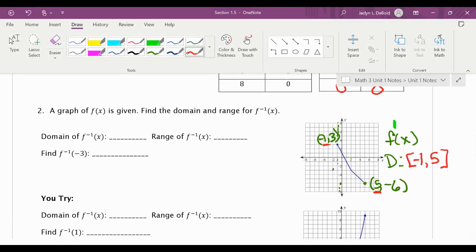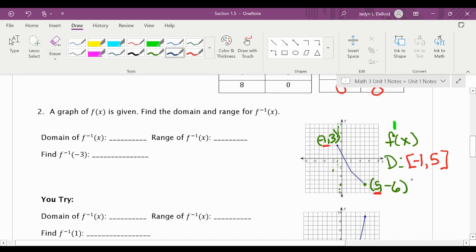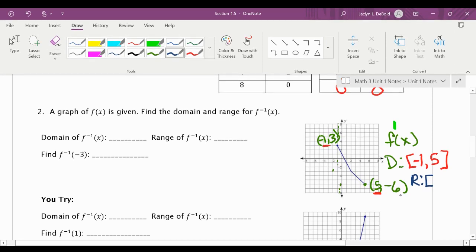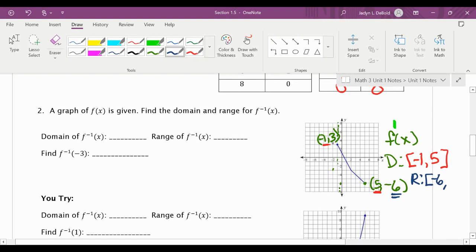For our original function, if we're going to go ahead and do the range, our range is going to go from our lowest value, which is for our y. So our lowest value is -6. Our highest value is +3. So for our original function, our range would be from -6 to 3.